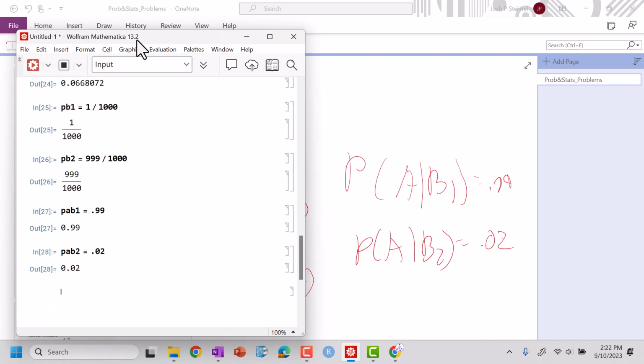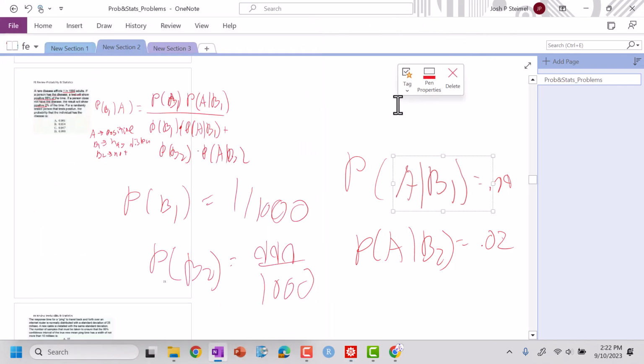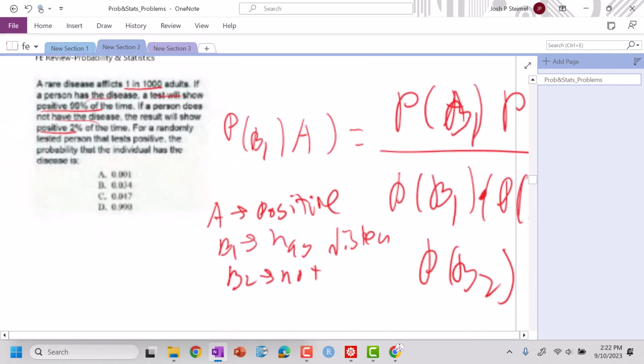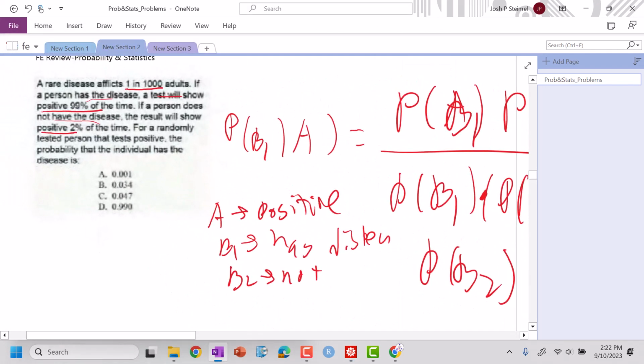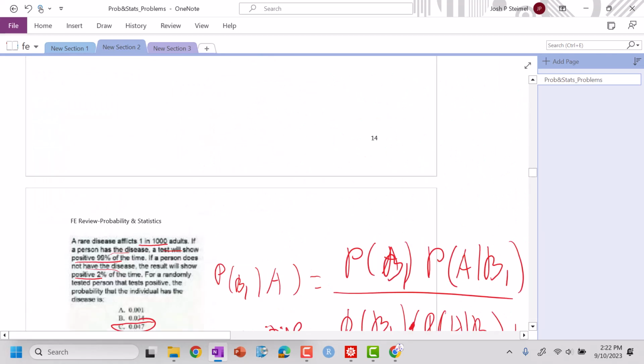And we're going to be looking at probability of B1 times PAB1 divided by PB1 times PAB1 plus PB2 times PAB2. And it'll be like 4.7%. Hopefully it's there. Yep, there we go. We've got it.